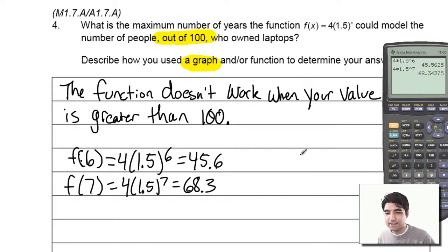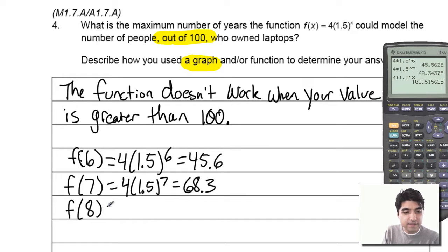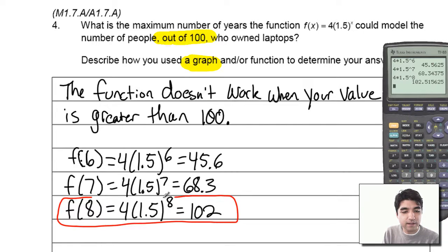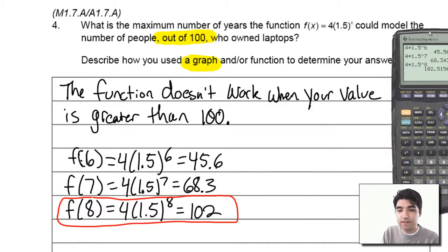Maybe it was f of 8, hopefully. 1.5 to the 8th power. There we go. So f of 8 equals 4 times 1.5 to the 8th power equals 102. So that's the one. That's as high as we can.